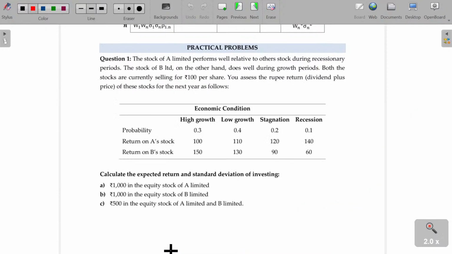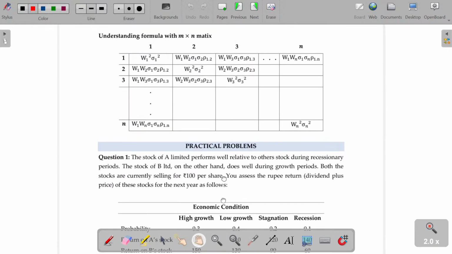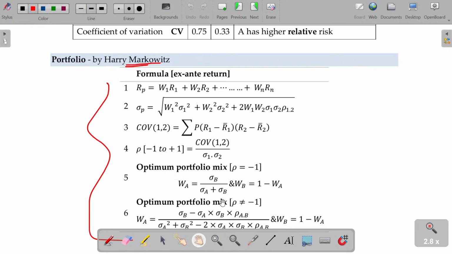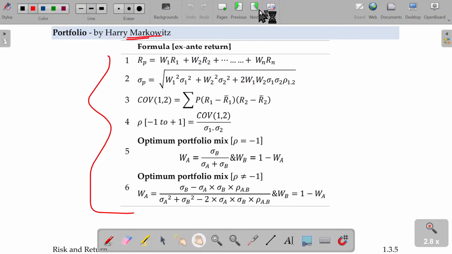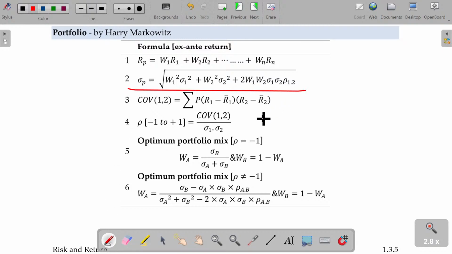See, this is a pretty massive formula. William Sharpe also got the Nobel Prize. This is the massive formula you have. Formula number 2 is for the two share portfolio model.